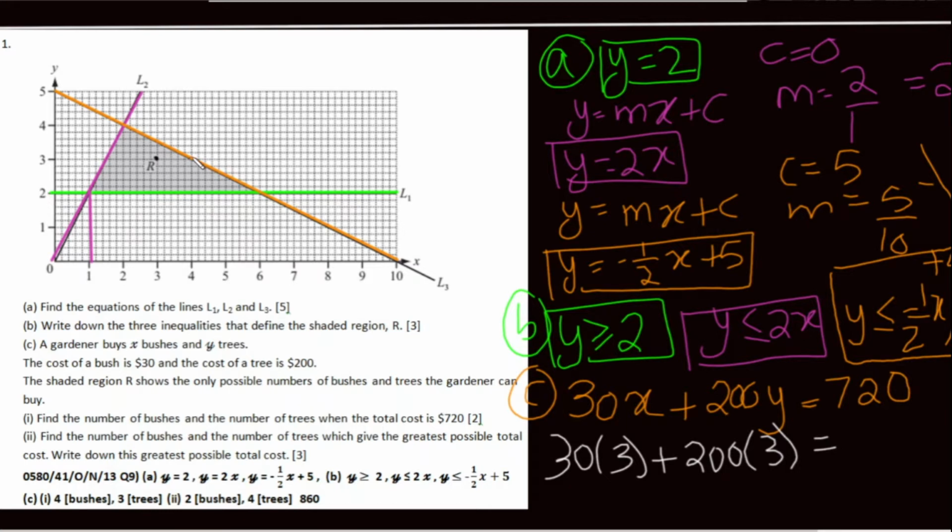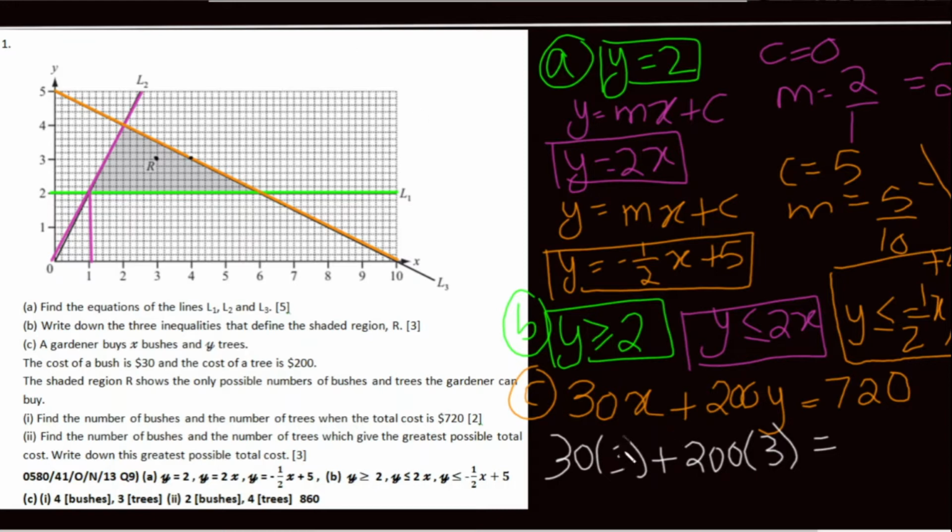Since it's a solid line, we're allowed to take points on the boundary as well. So let's take this one: 4 bushes and 3 trees.